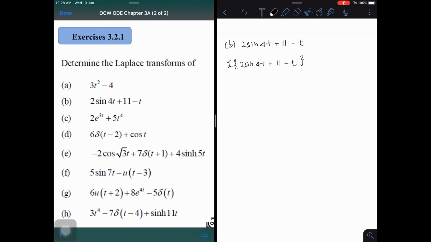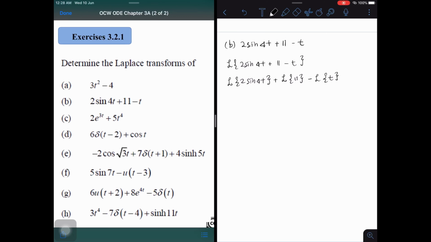Okay, so by the property of linearity, we can separate all the functions here. So what you will have is the Laplace transformation of 2 sine 4t, plus the Laplace transformation of 11, minus the Laplace transformation of t.